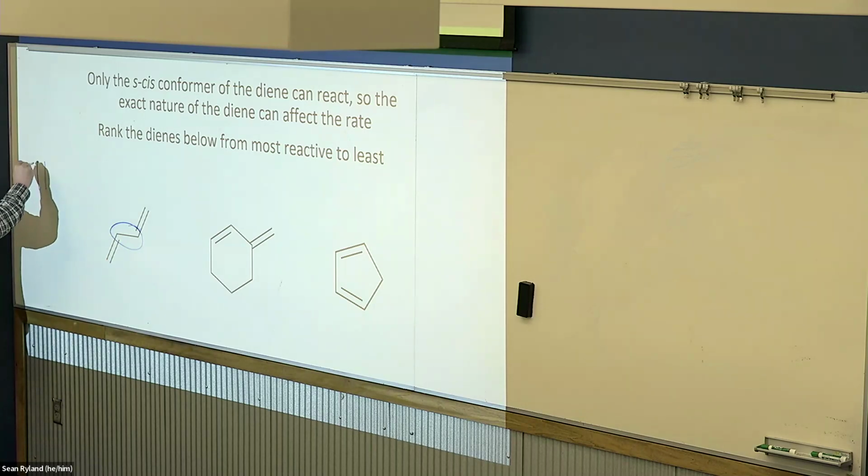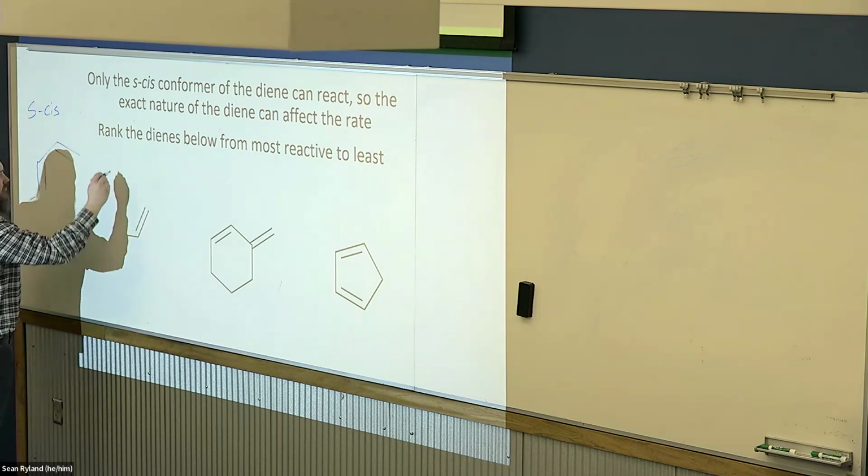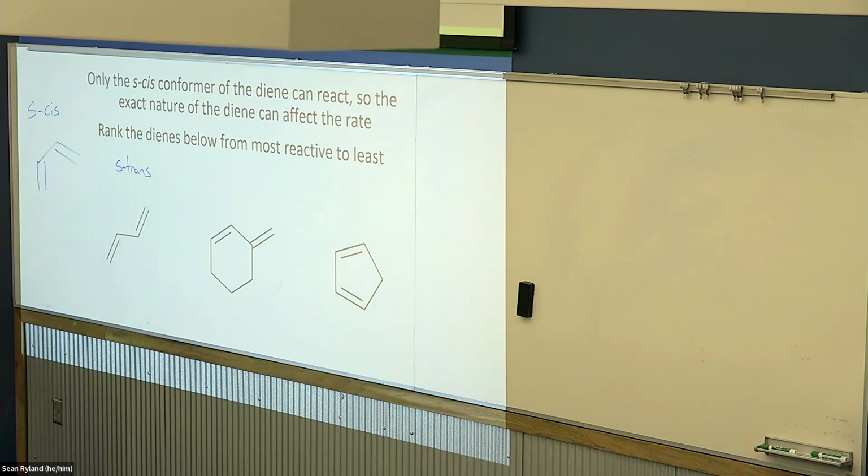So this is S-cis. This one is S-trans. Because we need our pi bonds arranged to be pointed in the same direction.